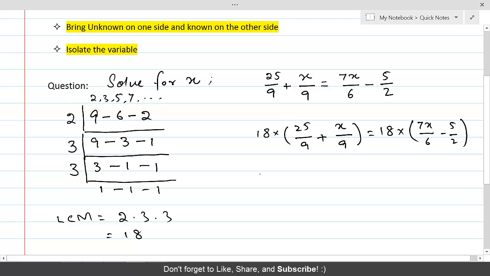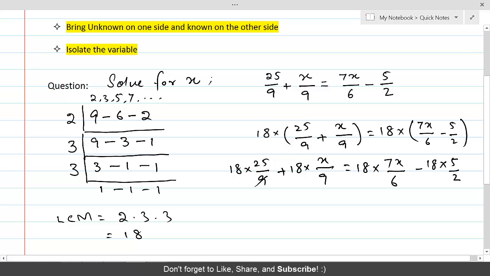Now we distribute 18 inside using the distributive property. So this would be 18 times 25 over 9 plus 18 times x over 9 equal to 18 times 7x over 6 minus 18 times 5 over 2.